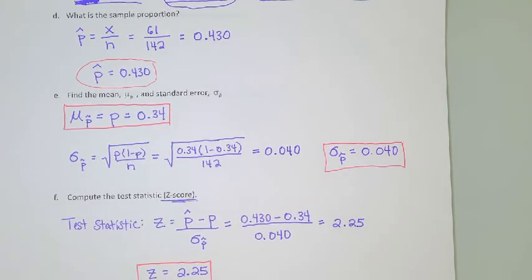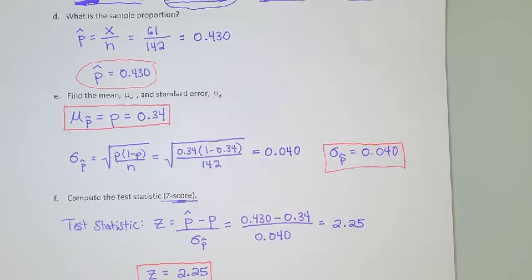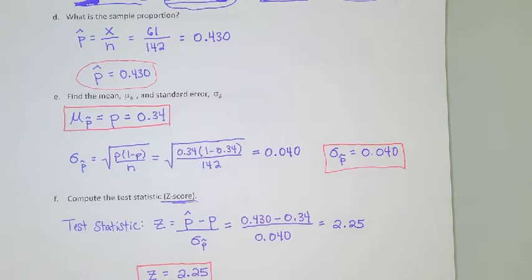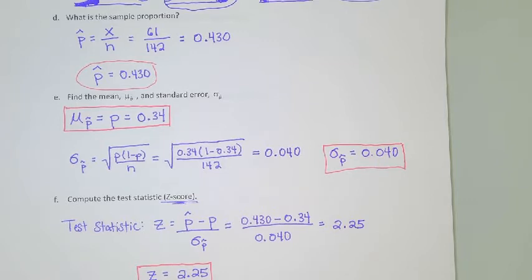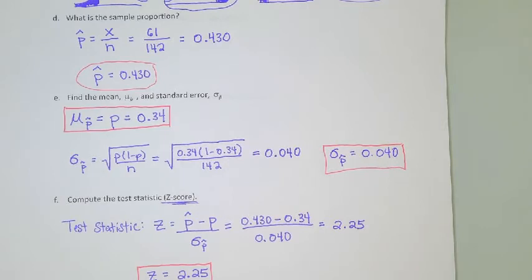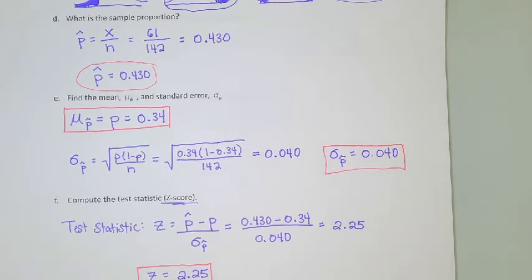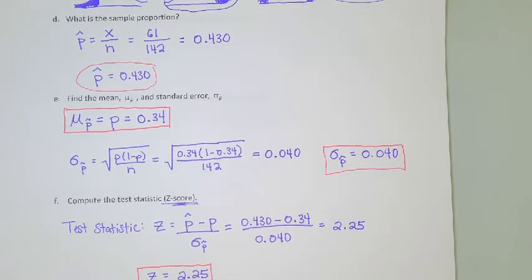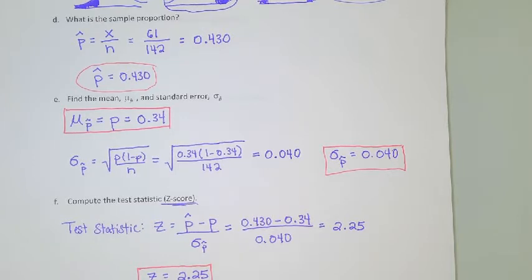Or is our sample data really not that unusual, in which case we would fail to reject the null hypothesis and continue with the assumption the true population proportion is 0.34. The smaller the p-value is, the stronger the evidence is against the null hypothesis.